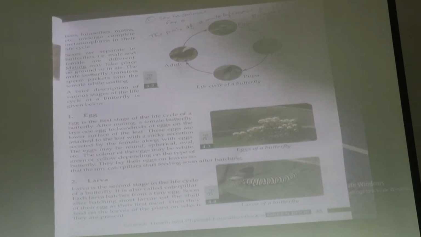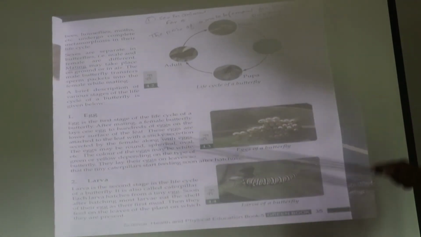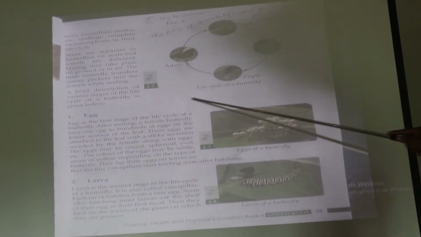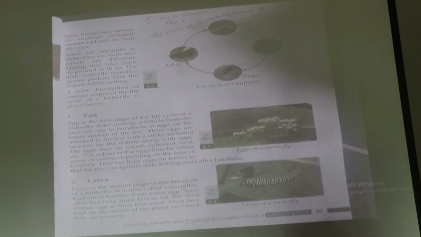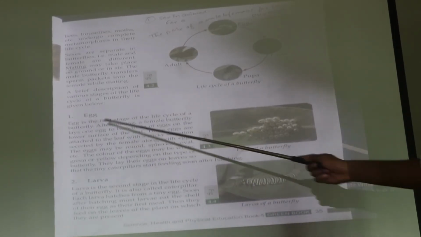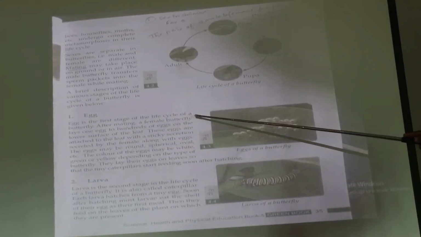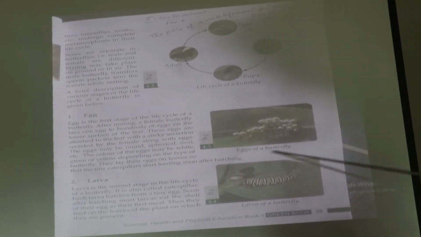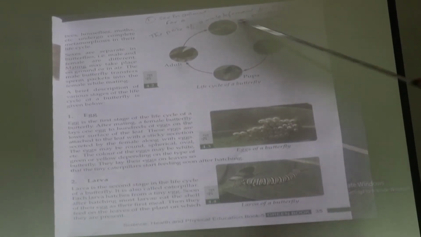A brief description of the various stages of the life cycle of a butterfly is given below. Number 1 is egg. Egg is the first stage of the life cycle of a butterfly.